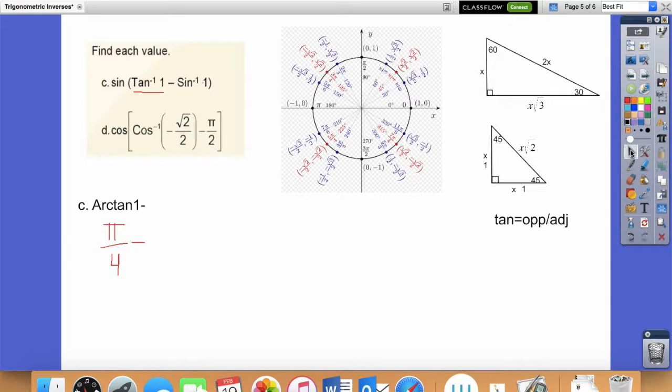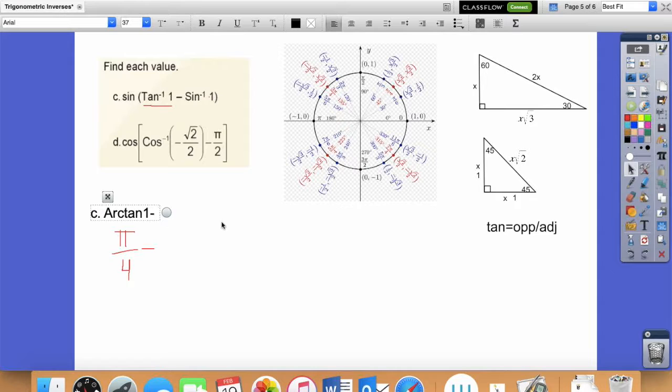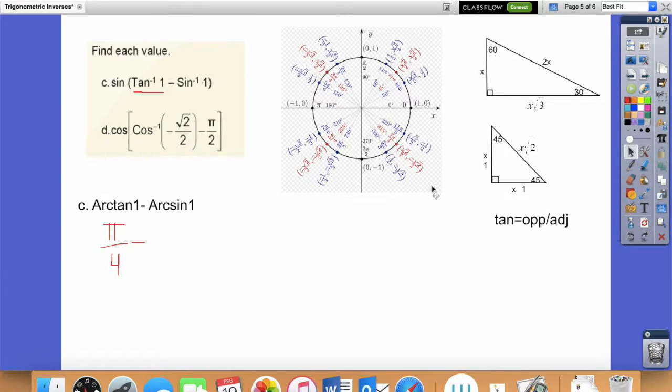Now, we look at the second part. The second part wanted the arc sine, and again, we wanted it equal to 1. So if I look, I ask myself, when is sine equal to 1? And sine is equal to 1 up here at pi over 2.